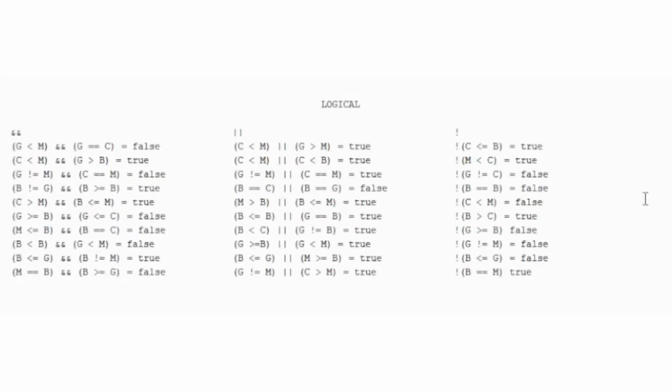Alright, so you can see I used all three in the console. G less than M and G equals C is equivalent to false, meaning the two numbers are not equal.